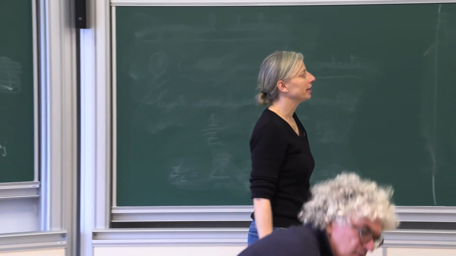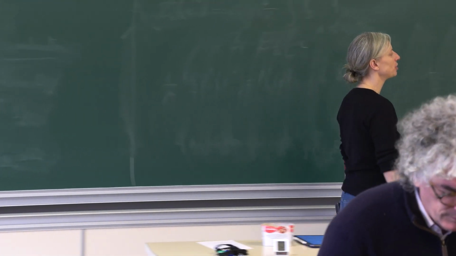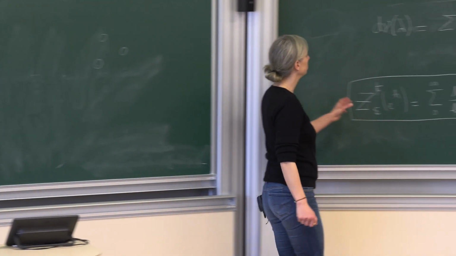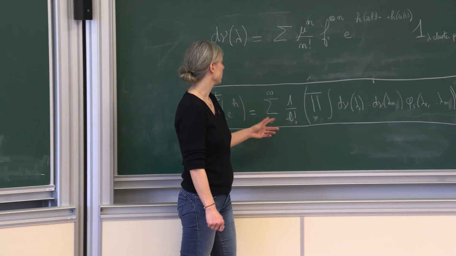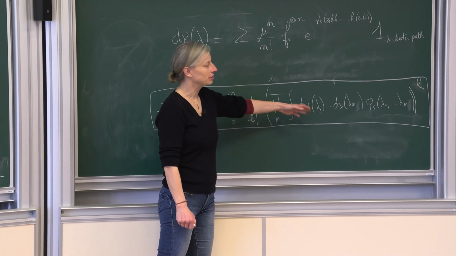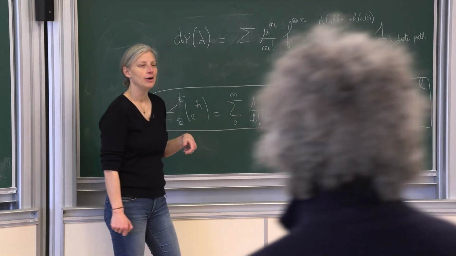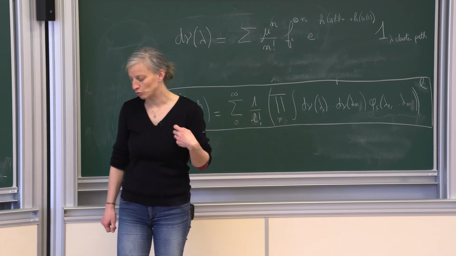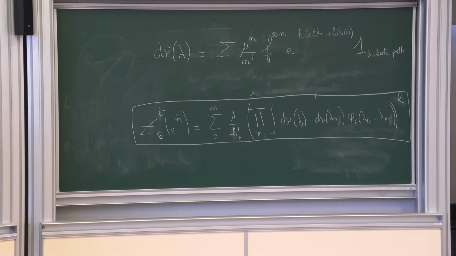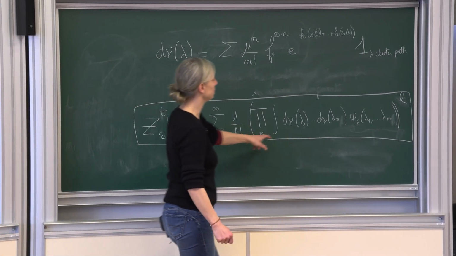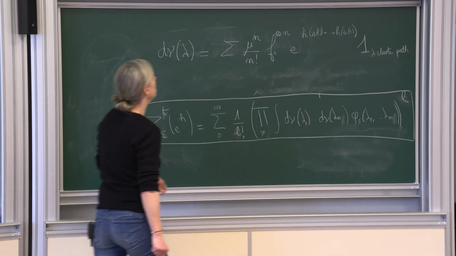Okay, so now we have this expression here for the modified partition function. We are really happy because now it's essentially factorized, and so what I have to do is to prove that. If I take the logarithm, of course I get this thing here.